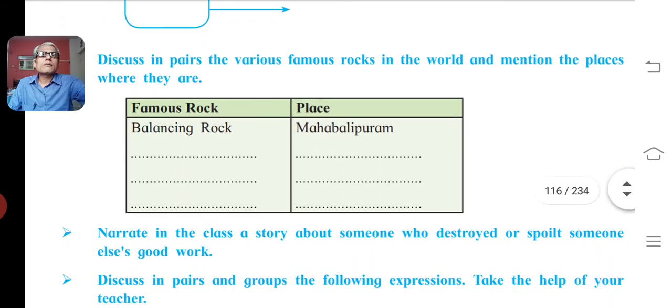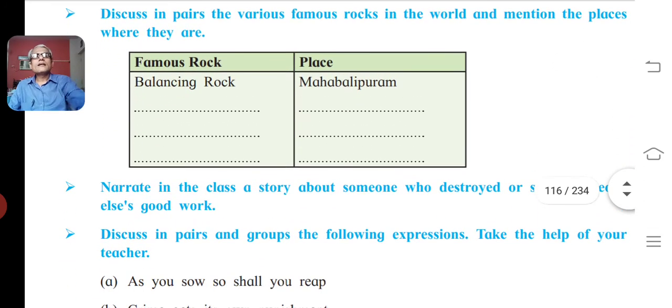Now see the next activity. Discuss in pairs the various famous rocks in the world and mention the places where they are. Here a table is given with 2 columns. In one column you have to write the names of the famous rocks, and in the other column, below place, you have to write the names of the places where they are found.